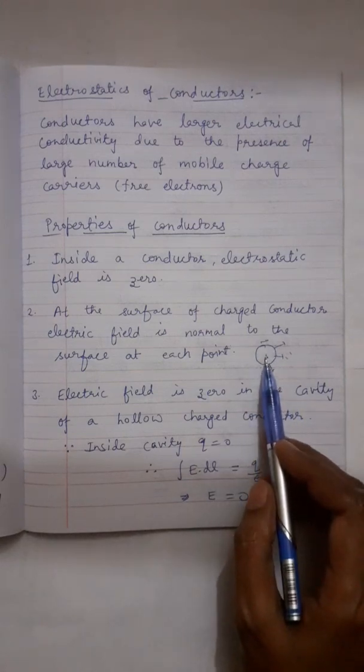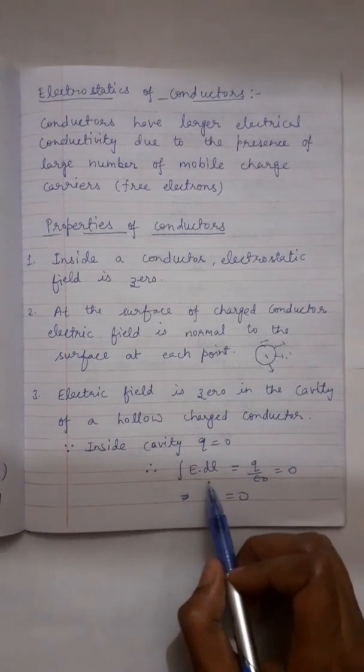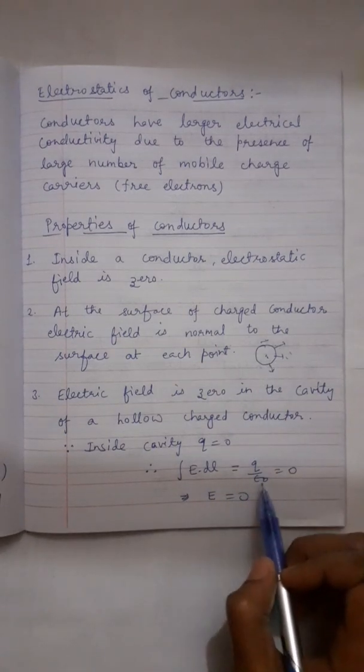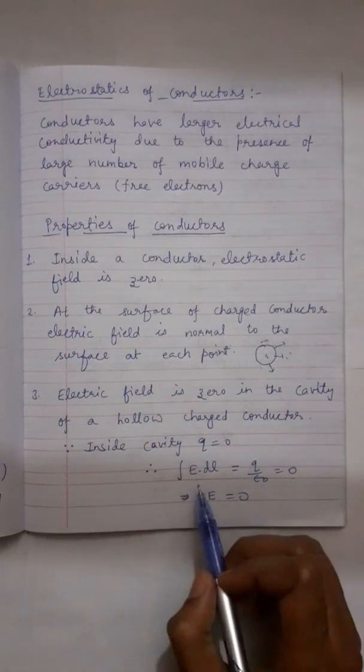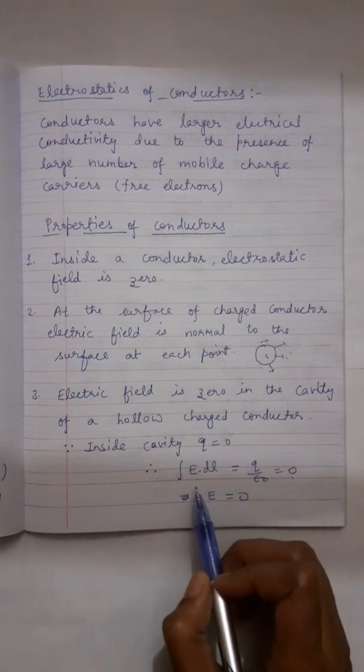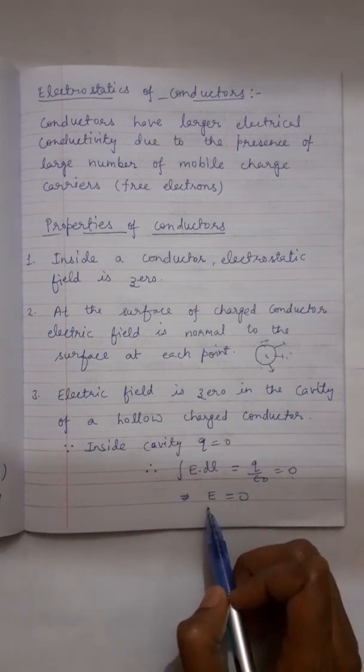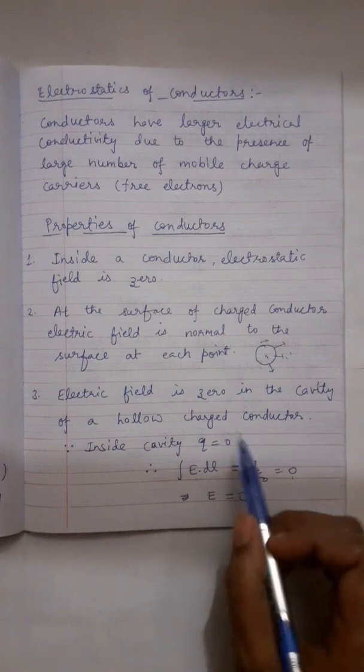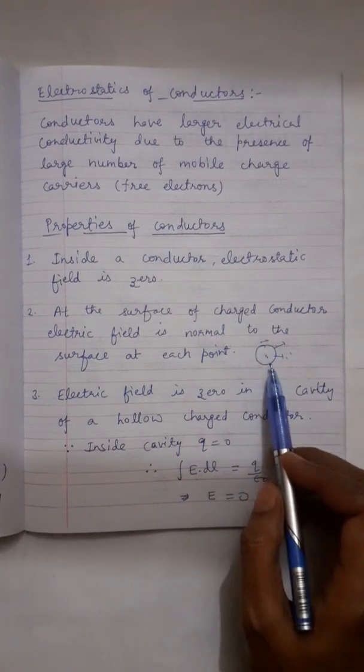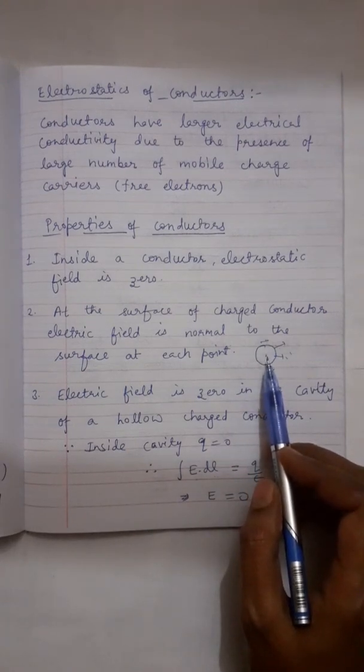So the charges enclosed are zero. Then due to Gauss's law, this q upon epsilon naught is zero, meaning the integral of E dot dl is zero. It simply implies that the electric field is zero. So the electric field inside this hollow conductor is zero.